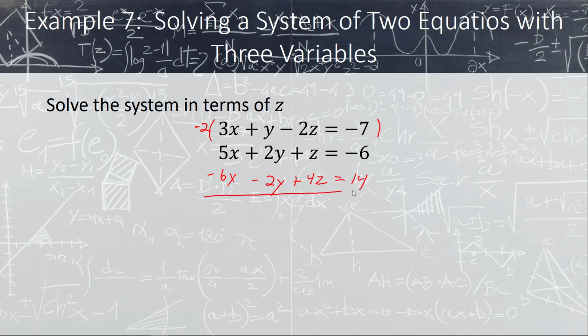And now I can add these 2 equations together. I will get -x. These will cancel. Plus 5z is equal to -6 plus 14, or 8. And then that will give me that x is equal to 5z minus 8.